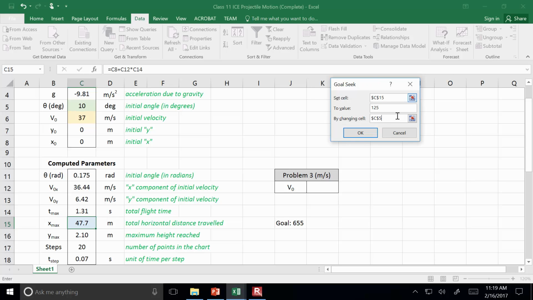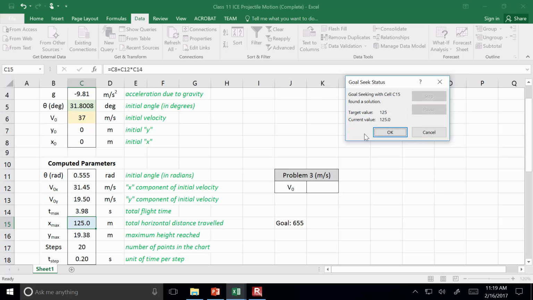So if I tell it to solve, then it will go and find the first solution, 31.8, because it starts at whatever number is there to begin with, and then it starts jumping around on either side of that number looking for a solution. And it stops when it comes to the first solution.